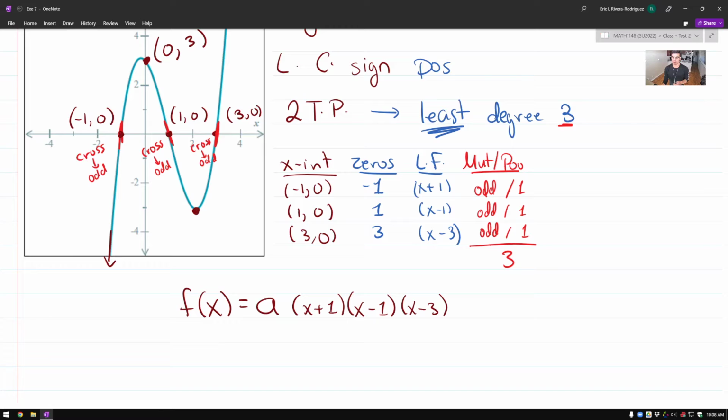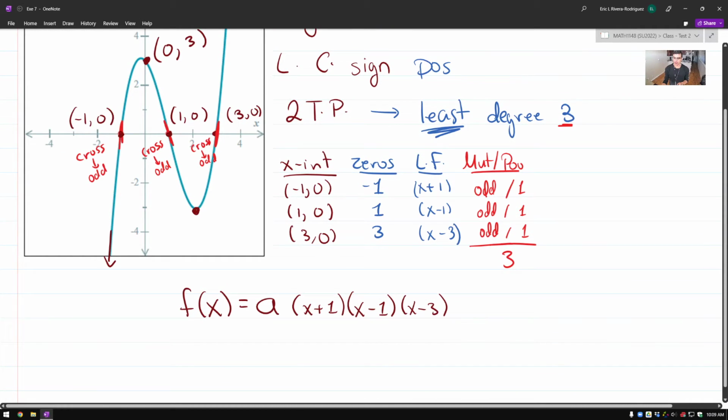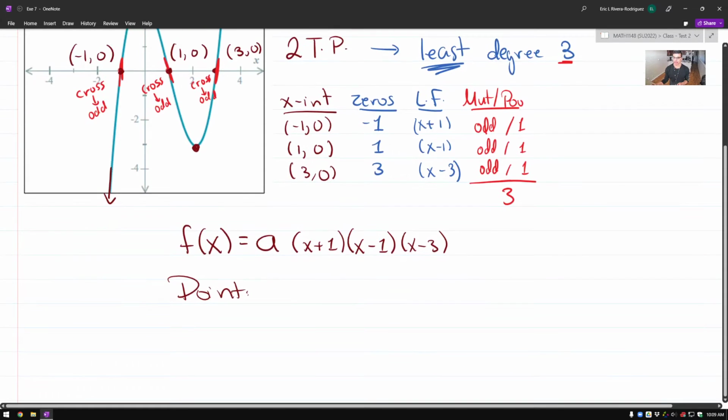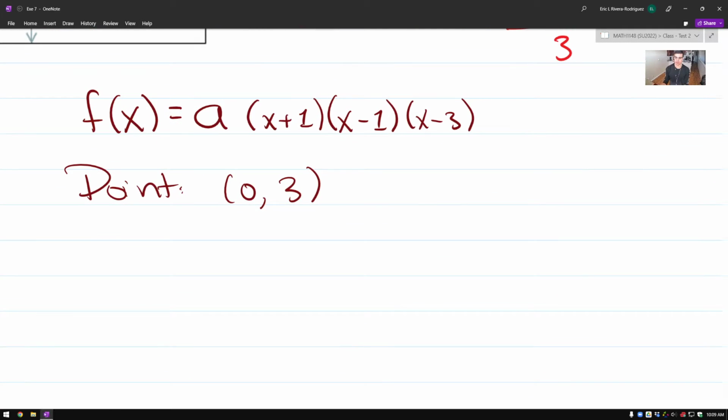So that is what we are going to do here. The point that we have is (0, 3), and we are going to use that point to identify the value of a, the leading coefficient.